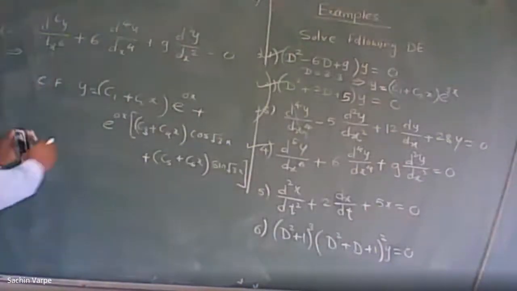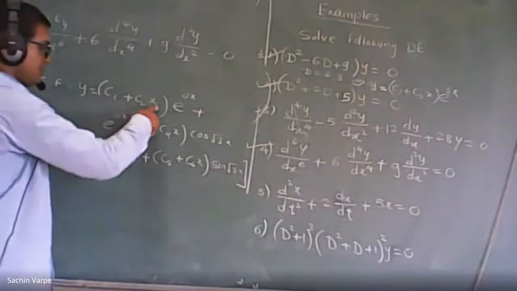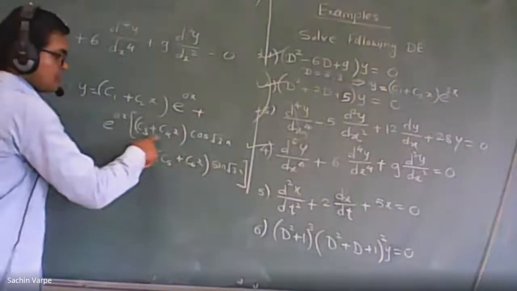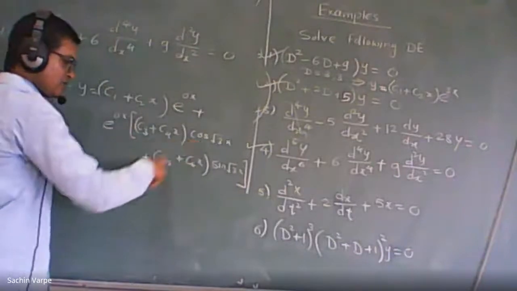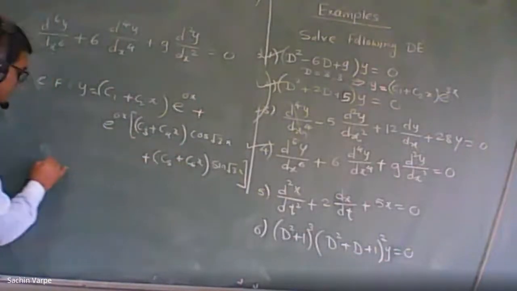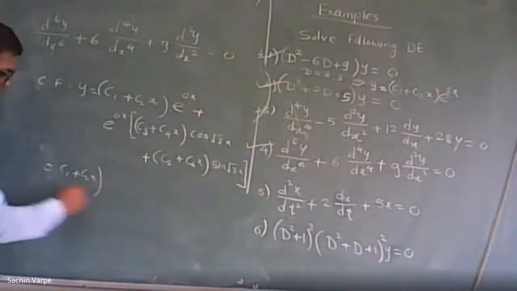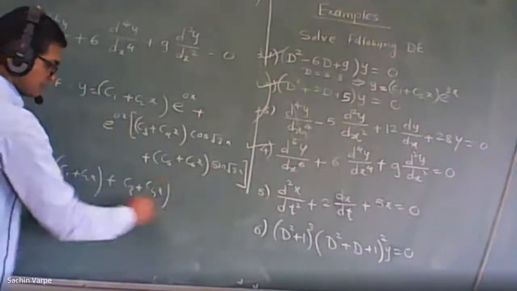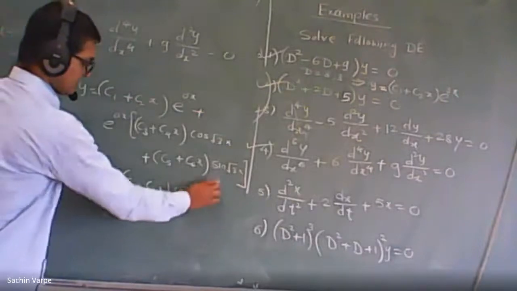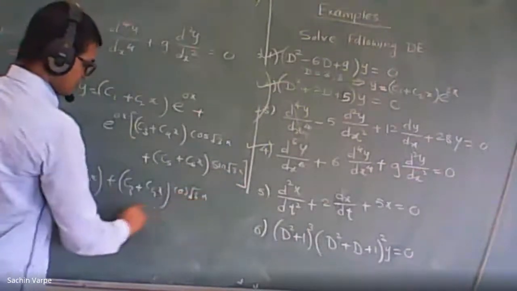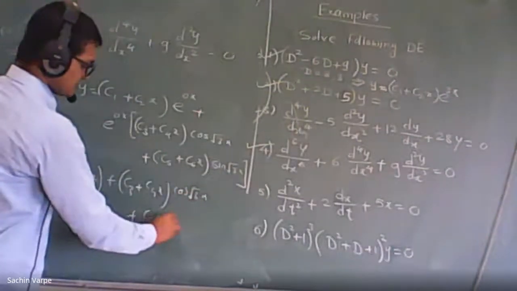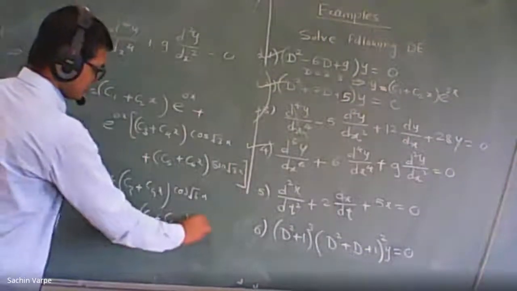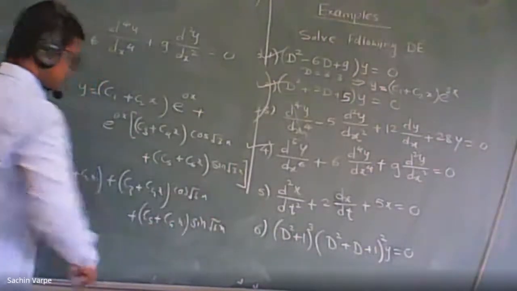So that is just C1 plus C2x, plus C3 plus C4x cos root 3x, plus C5 plus C6x sine root 3x.